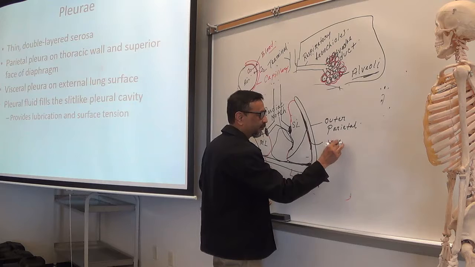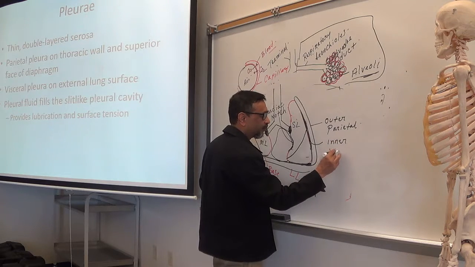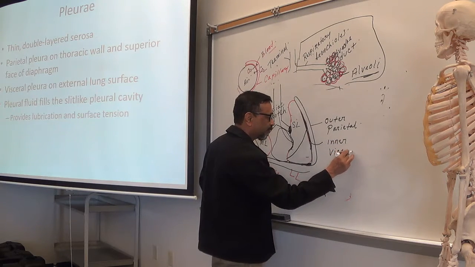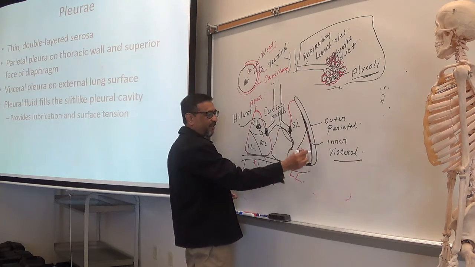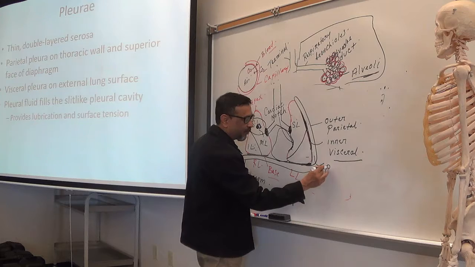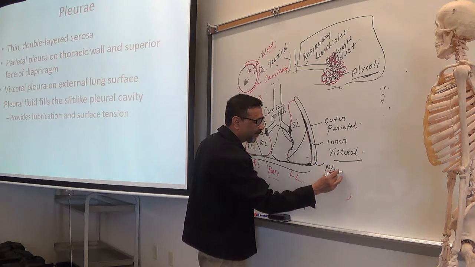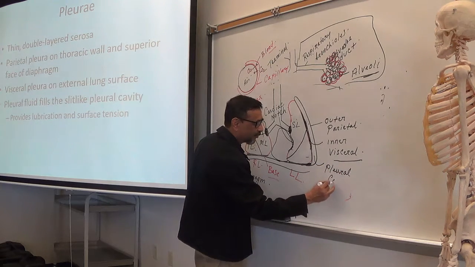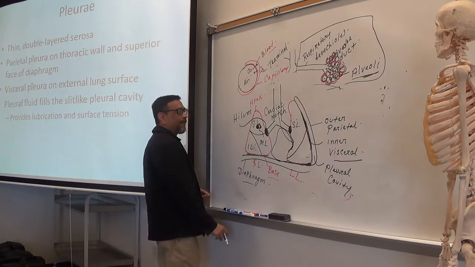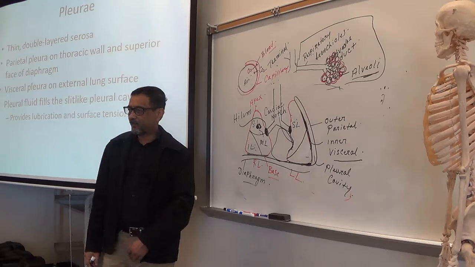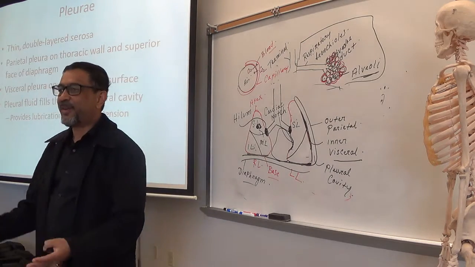Visceral layer. And in between, you have a cavity that is called pleural cavity. The space, okay? Pleural cavity. It's like pericardial cavity.